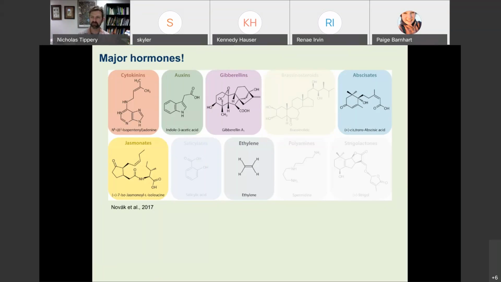We have different cells responding differently to the same hormone. We have different organisms, different species that might respond differently. So I'll try to give you kind of a general impression and an introduction, at least, to these different hormone categories. But the specifics of any one of these can be a lot to wade through as you're learning about them.